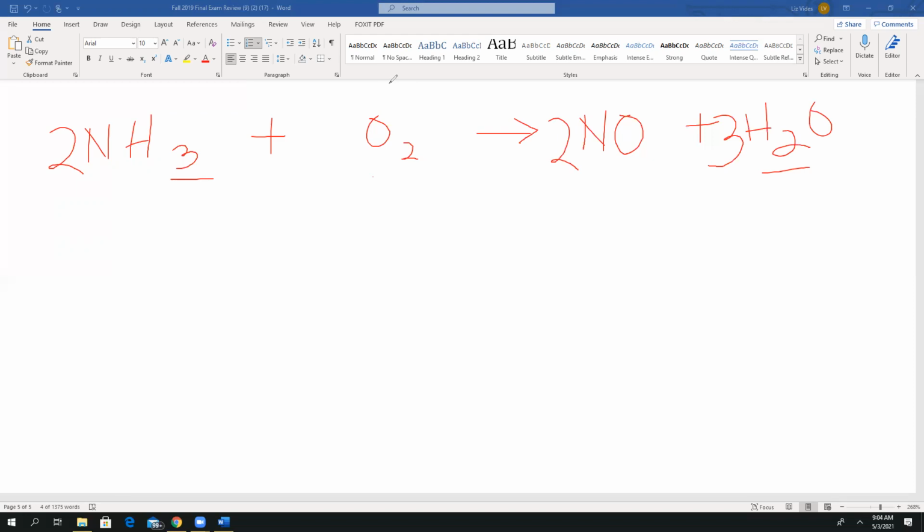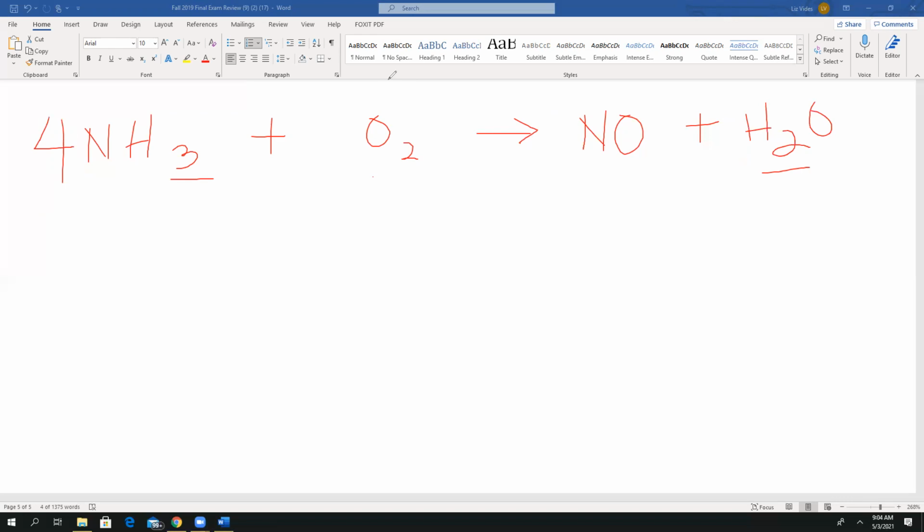We cannot have half of one of those, so we need to double it. Erase all of these because we just found out that we actually need to double it. Why is that? Because our oxygens need to be doubled.